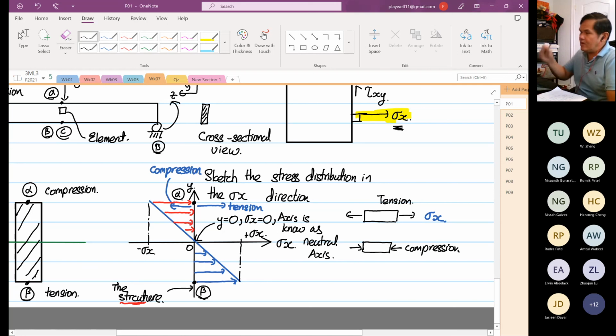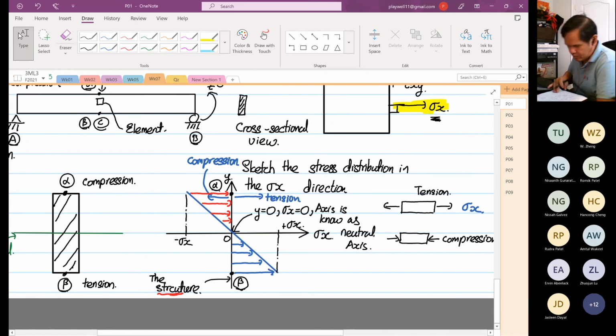So at the neutral axis, stress in the normal direction is equal to 0.